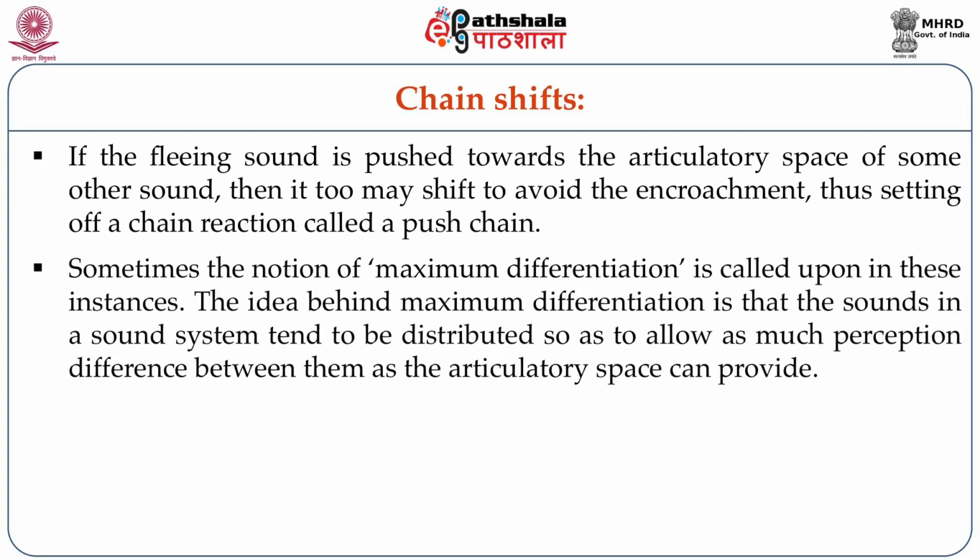Sometimes the notion of maximum differentiation is called upon in these instances. The idea behind maximum differentiation is that the sounds in a sound system tend to be distributed so as to allow as much perceptual difference between them as the articulated space can provide.